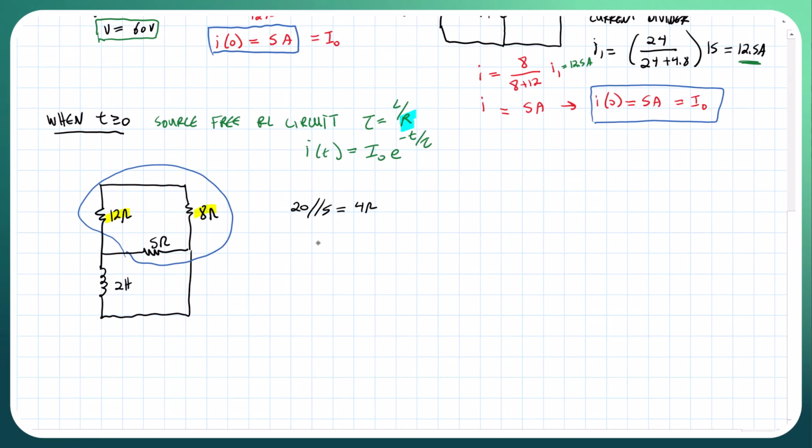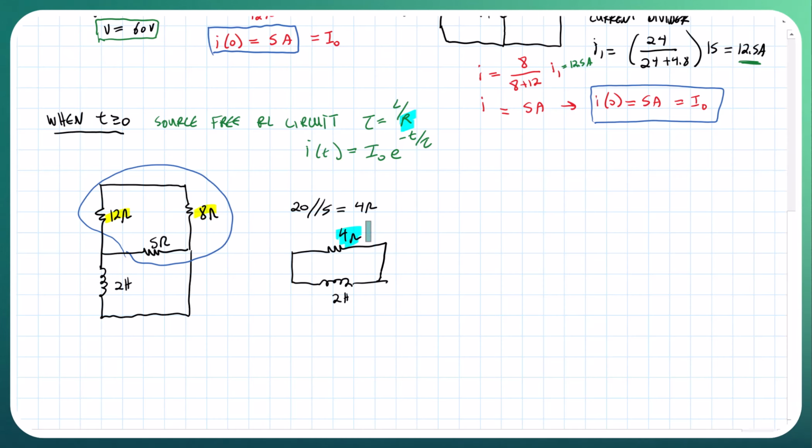So our circuit is essentially 4 ohms and 2 henries.